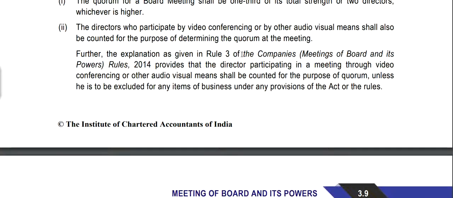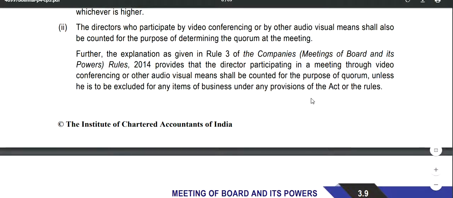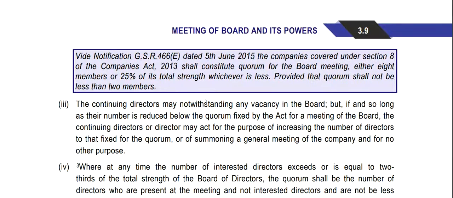Further, the explanation as given in Rule 3 of the Companies (Meetings of the Board and its Powers) Rules provides that a director participating in a meeting through VC or other AV means shall be counted for the purpose of quorum, unless he is to be excluded for any item of business under any provisions of the Act or the rules.